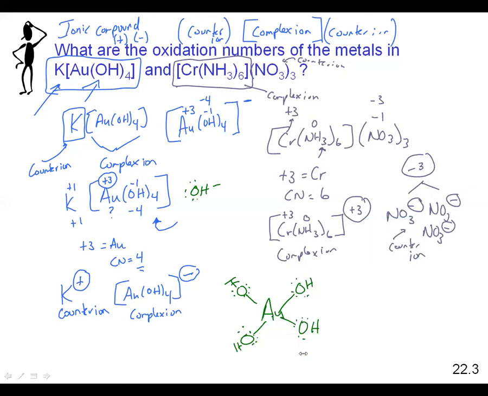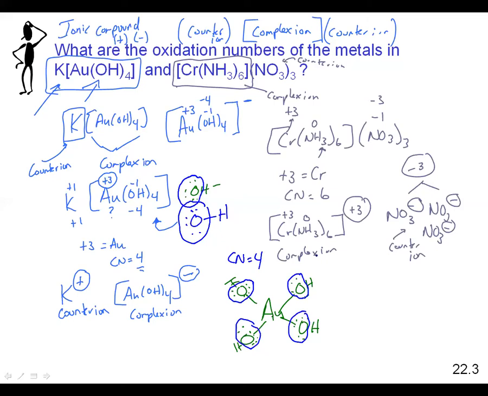Now, in hydroxide, the only atom in hydroxide, and we'll draw it out more like this so you can see it, that can basically donate a pair of electrons is just the oxygen part, which means when they attach here, you basically have 1 atom attached directly, 2 atoms attached directly, 3 atoms attached directly, and 4 atoms attached directly, which gives you that coordination number of 4. So let me get to that question.